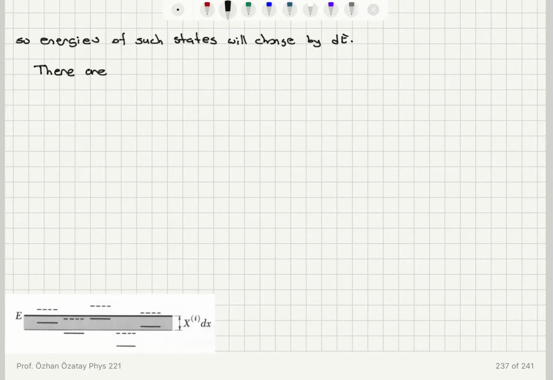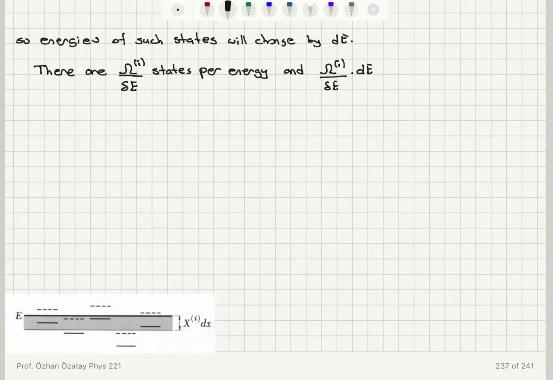There are this subset of omega i states divided by delta E states per energy, and we're going to have the density of states omega i divided by delta E multiplied by dE.